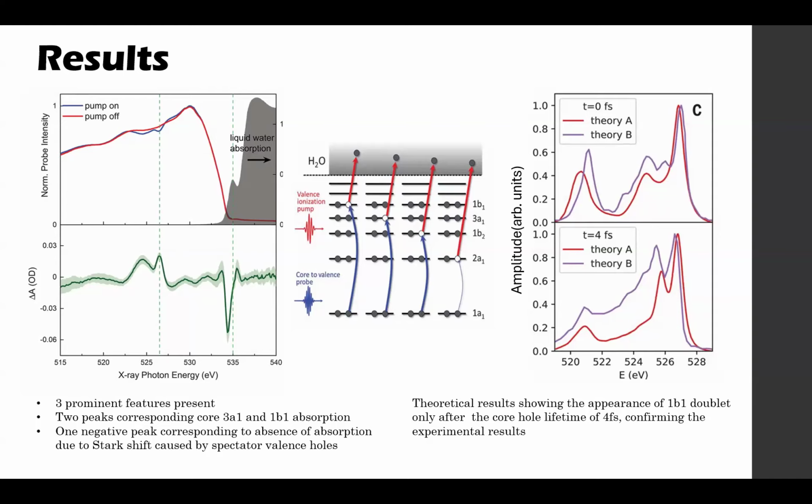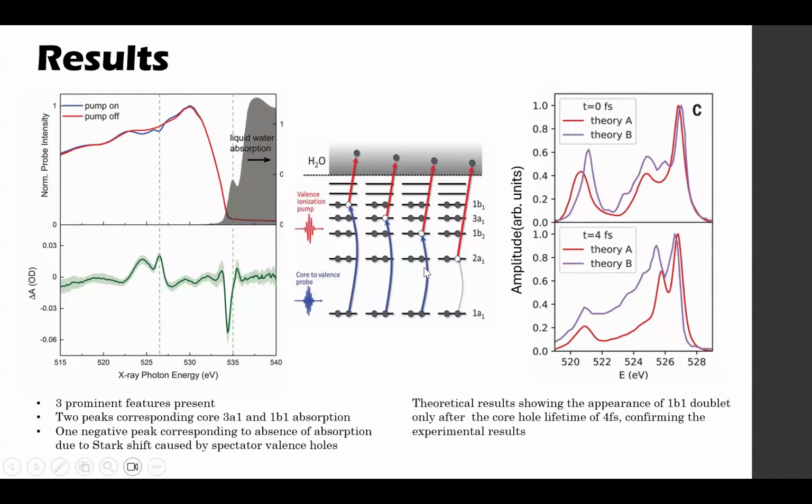I forgot to mention, the absorptions lead to transitions from the core to the valence orbitals. Since the pump is ionizing our 1B1 or 3A1 or 1B2 electrons, when the probe comes in, the core electron excites itself to one of these orbitals where there is a vacancy already.